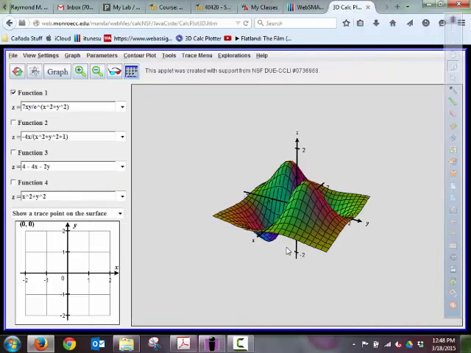And this is the default function in the plotter. So this looks good enough to hike on. Okay. So let's go for a hike on this mountain.